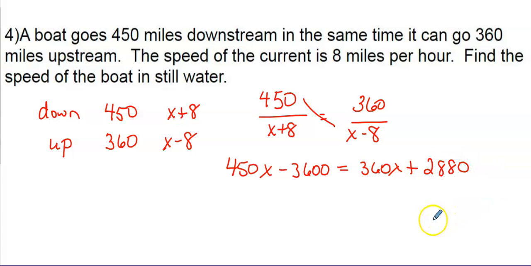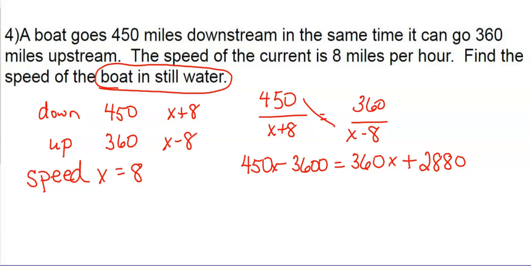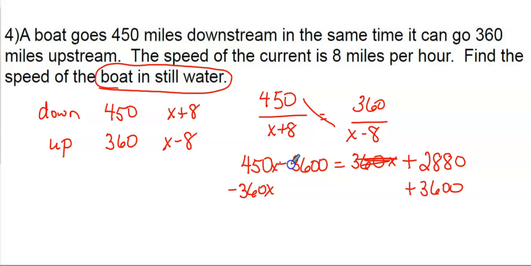These are big numbers, but you're still solving an equation like you always do. I'm going to subtract 360x. Gets rid of it there. And then I'm going to add 3,600. Gets rid of that. This is 90x.